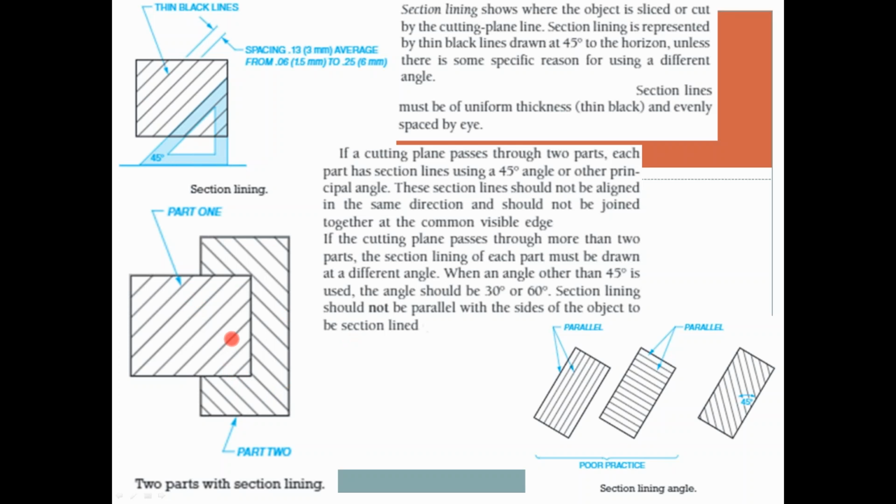When angles other than 45 are used, the angle should be 30 or 60 degrees. Section lining should not be parallel with the sides of the object being sectioned. So if two parts, you would use 45 here, 45 there to show you have two parts. But if you have more than two parts, you use 45 here, 45 there, and then use other angles, things like 30 or 60.